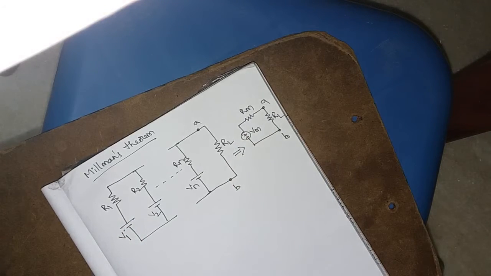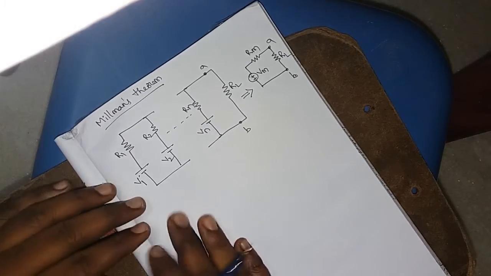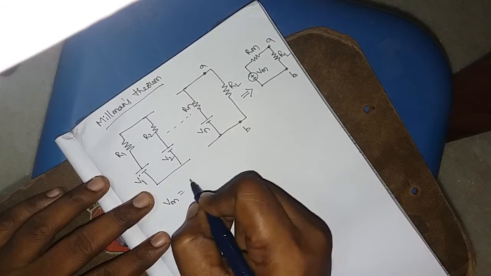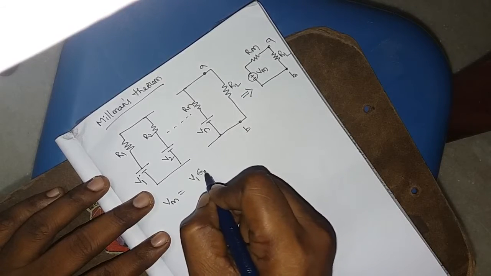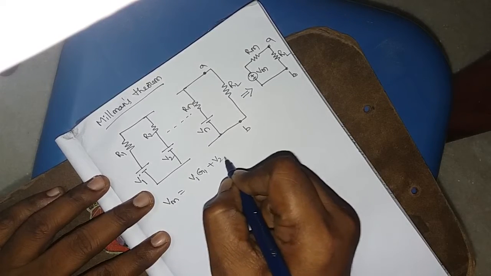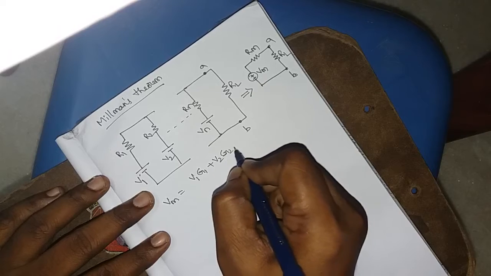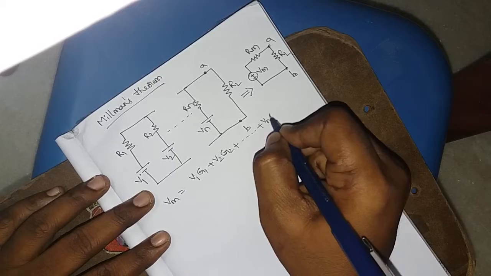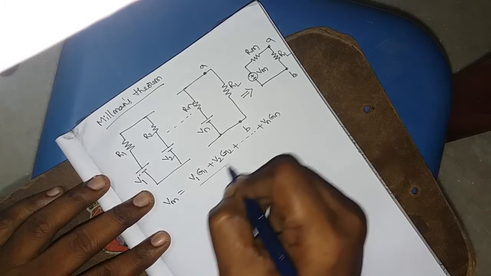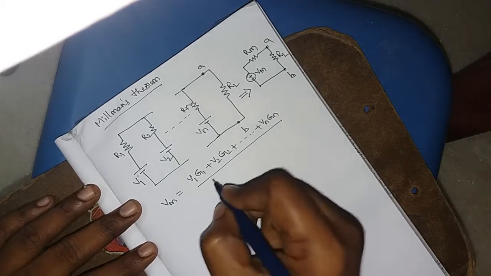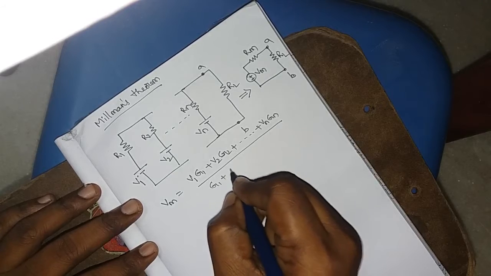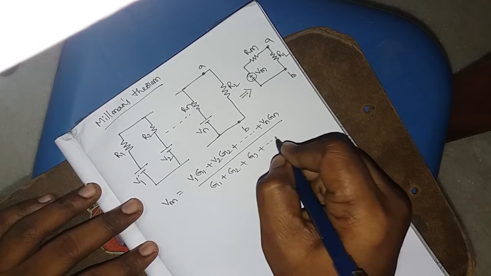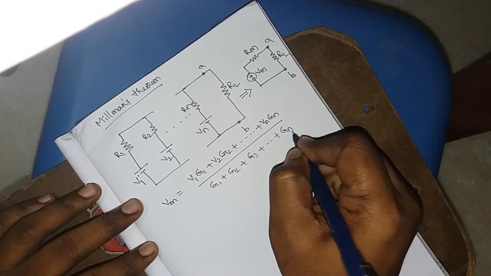Millman has given the formula for that. Vm is equal to V1 G1 plus V2 G2 plus so on plus Vn Gn, divided by G1 plus G2 plus so on plus Gn.